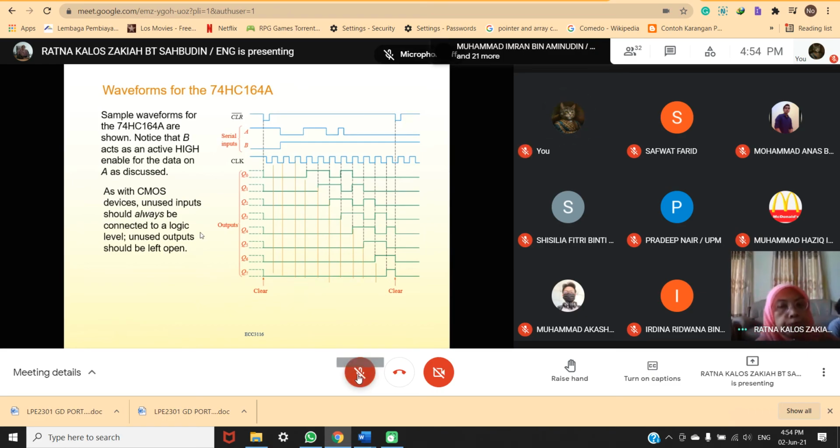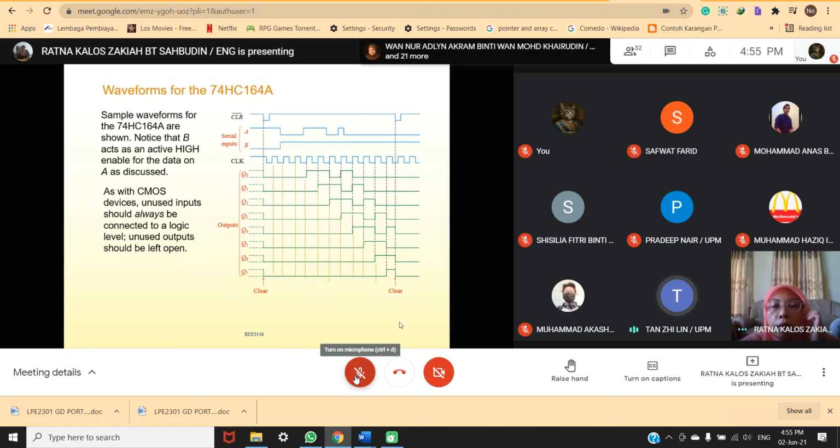Doctor, I have a question. Doctor just now said that this is the parallel shift, right? So the output will be taken at the second clear. How do we know that is the output? Until the end of the clock. How many bits do you have? You have 8. So after the 8 clocks, before it goes to the final clock, is where you take the output.